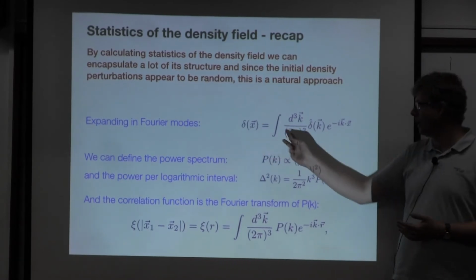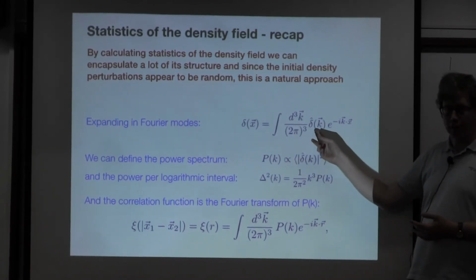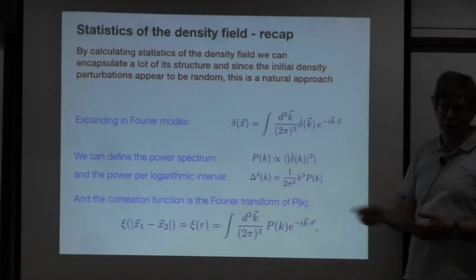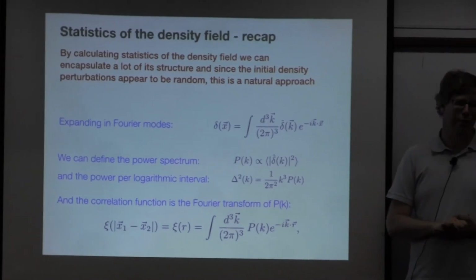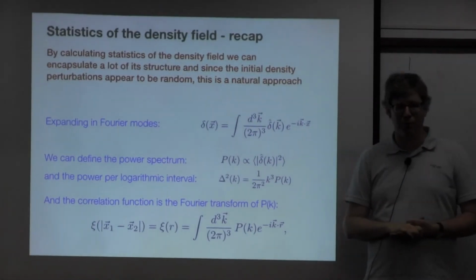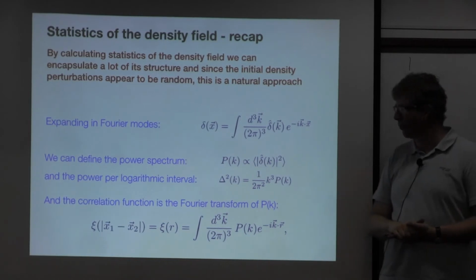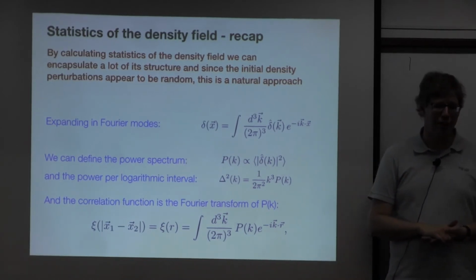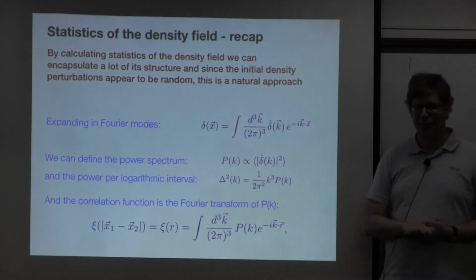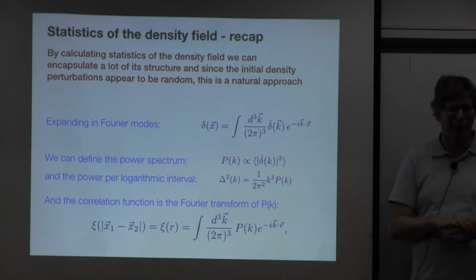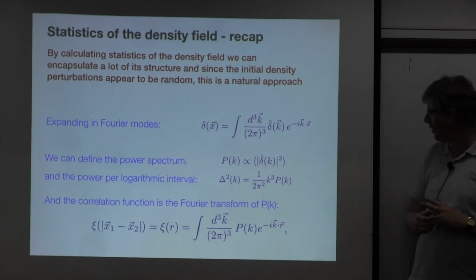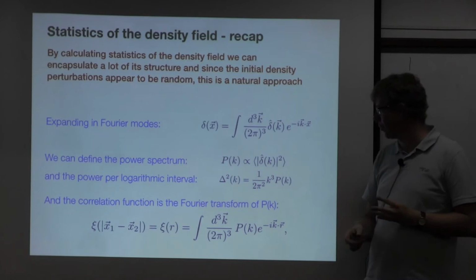We write it as an integral over these Fourier modes with some Fourier components in here. So if you've seen Fourier transformations before, this is familiar. If you haven't seen it before, this is probably confusing, but you should just ignore that because you don't really need to know much about Fourier space to understand what's going on.